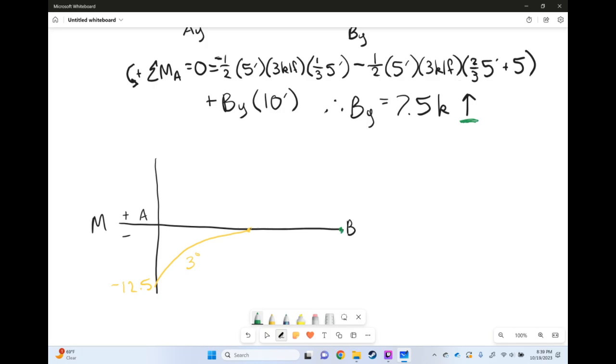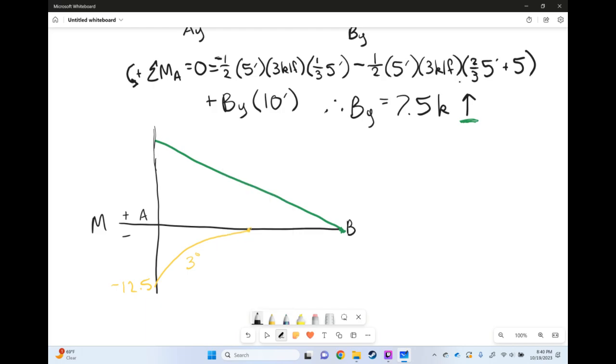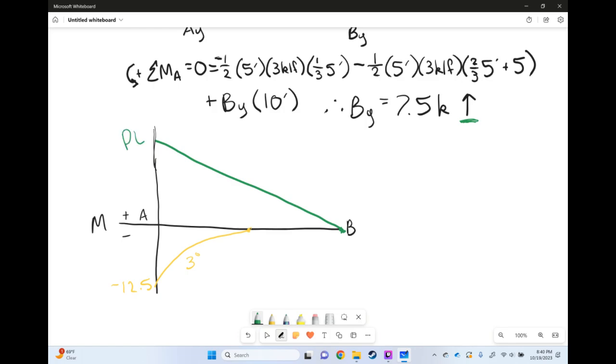So from this point, he is going to go up all the way out to our fixed end, and his value is simply P times L. So 7.5 times a total distance of 10 feet, that's going to give us 75. Cool, so those are the easy ones.